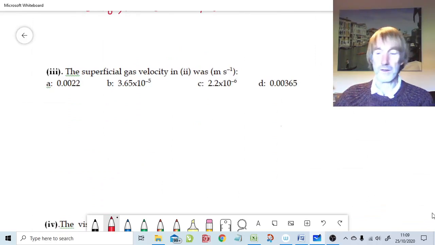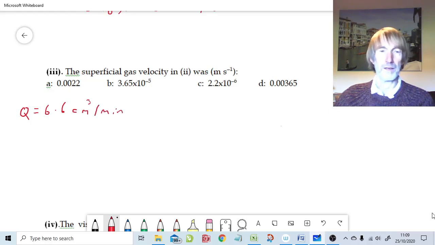So what we're starting with is that Q, the volume flow rate, equals 6.6 centimeters cubed per minute.